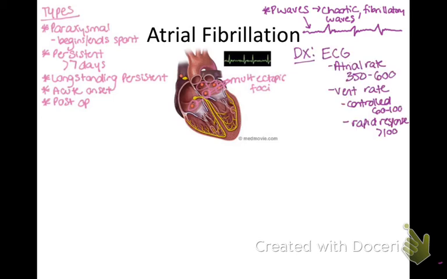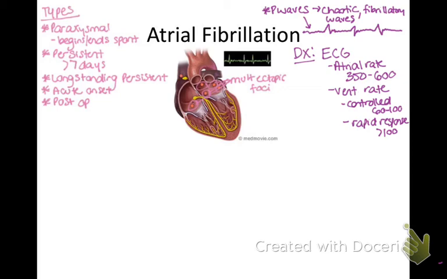So you can have an atrial rate of 350 to 600 because it's just sitting here quivering. It is not contracting. But your ventricular rate can be two different ways.